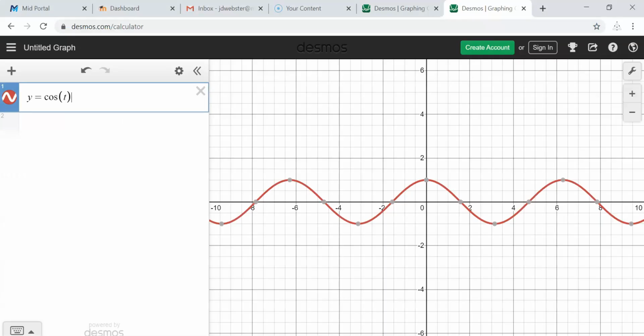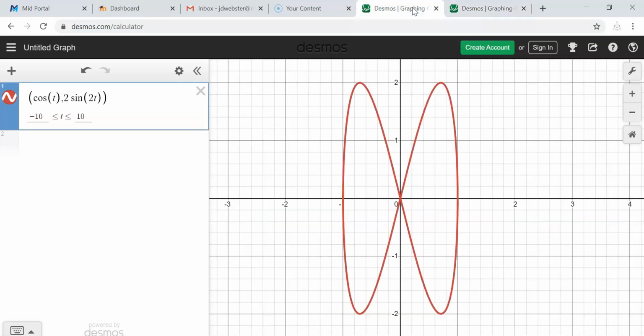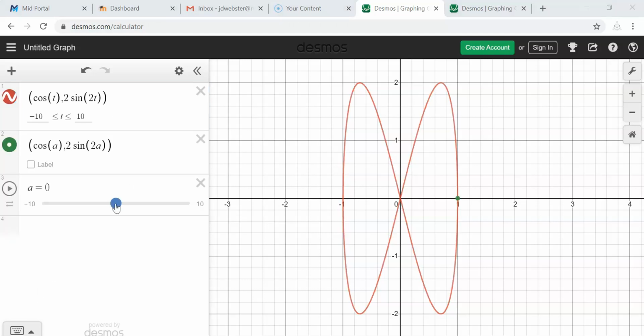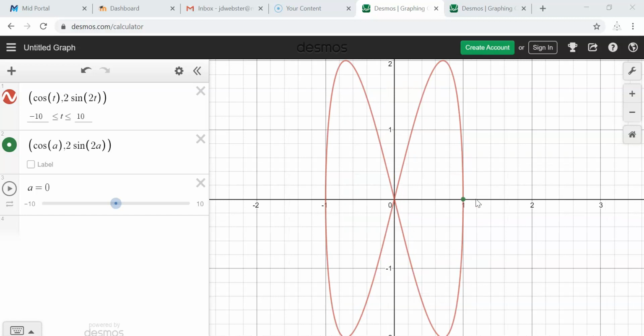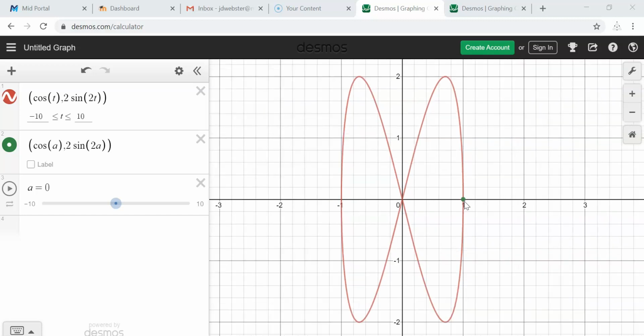Now, if you want to look at this in a slightly different way, you can look at the actual graph, cosine 2 sine 2t. And what you'll notice is you get horizontal tangents out here, like we said. Well, I don't have a slider for that, but I could create one. Let me do that. There we go. So notice when a is 0, we end up right here. You start sliding it over, it goes up, down.